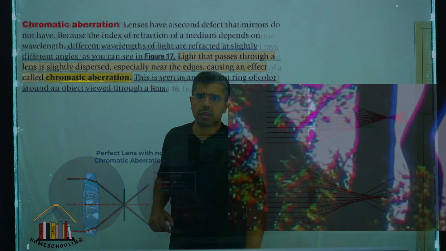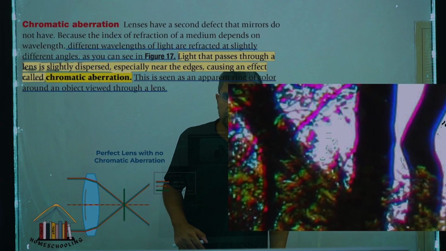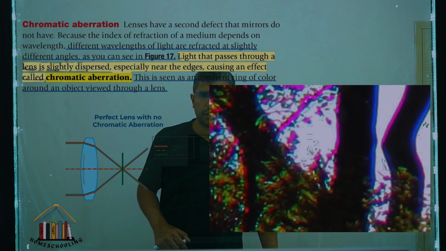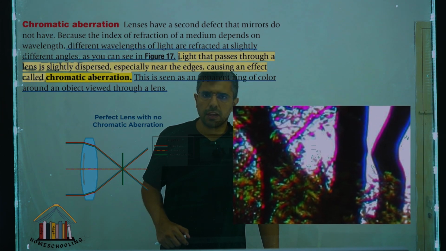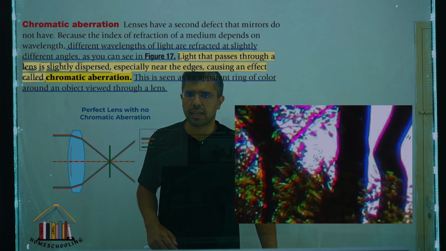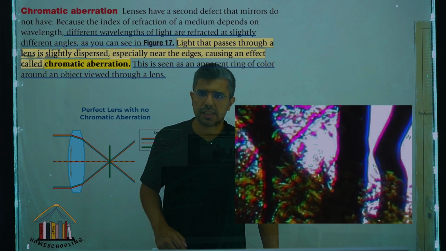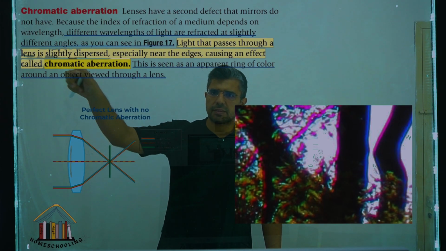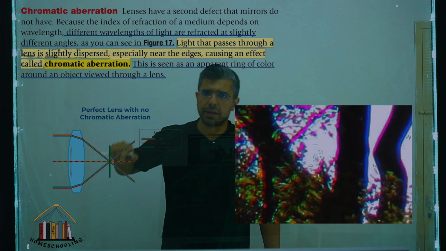The next one is the chromatic aberration, as you see here. I am sure that all of us saw such a problem before, when the light disperses, the red color is different from the blue color. This causes something called the chromatic aberration.